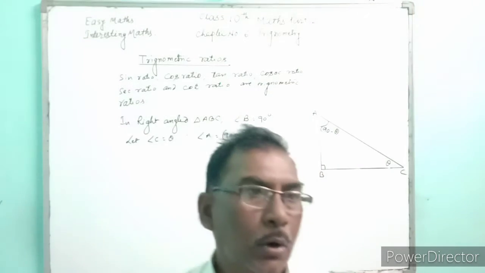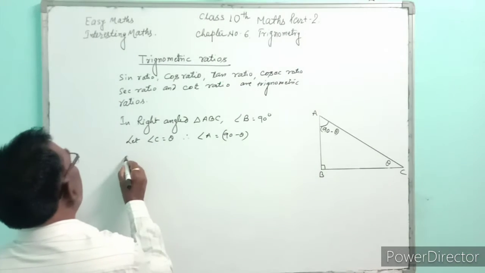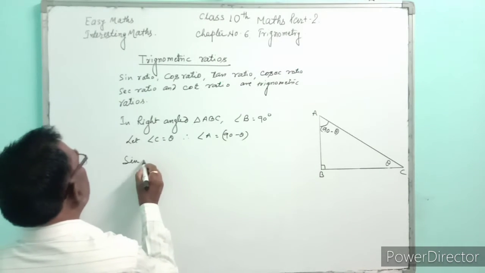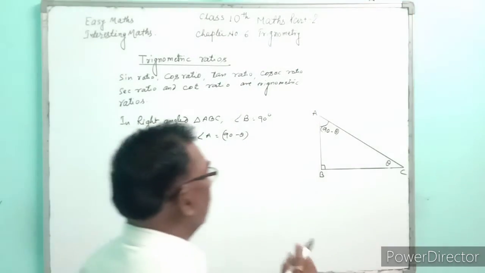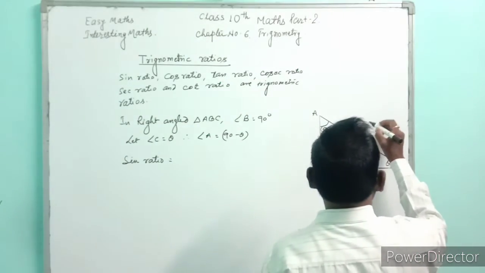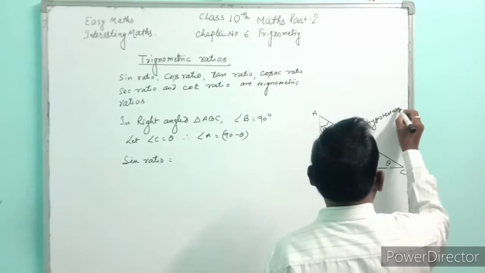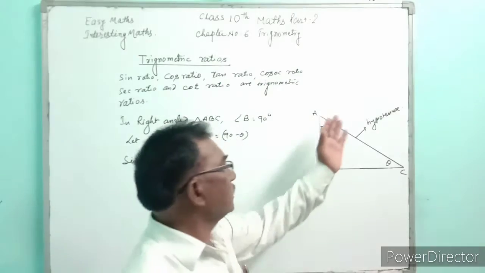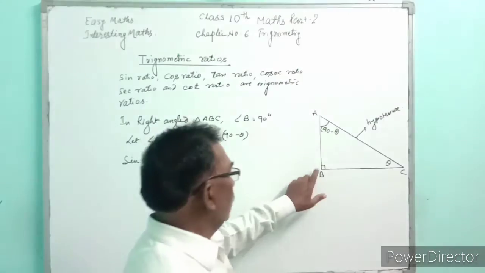Now, for the sine ratio, side AC is the side opposite to the right angle.